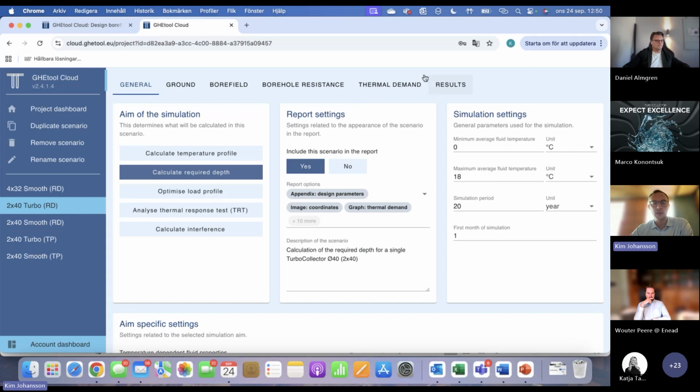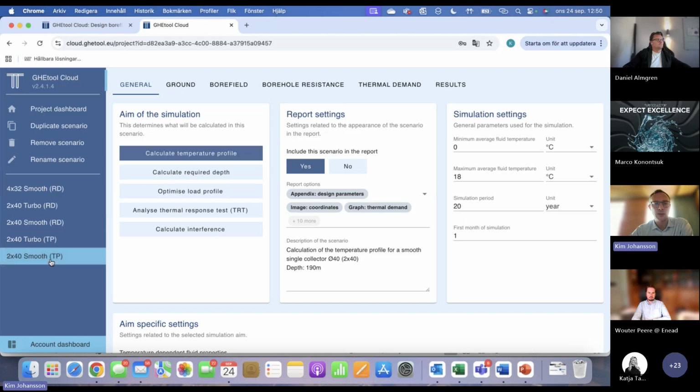Another way to look at it is if we go back to the first page, the general settings, and instead of looking at the required depth, we could choose to calculate temperature profile. So once again, we duplicated all the settings and chose the single loop 40 millimeter probe.